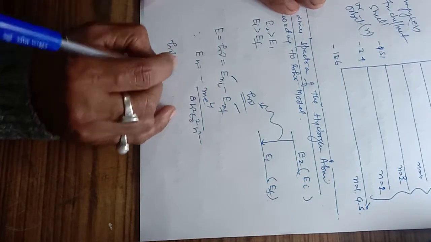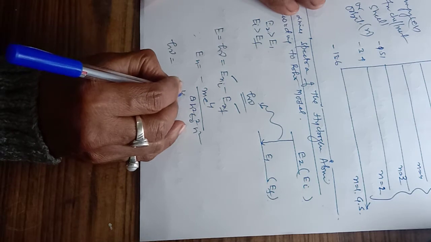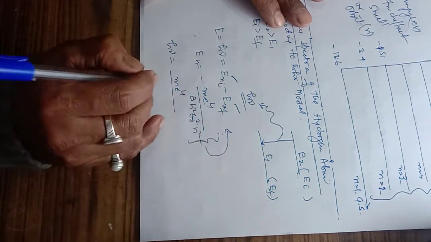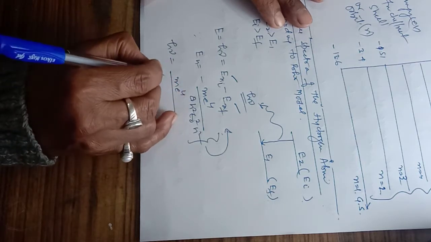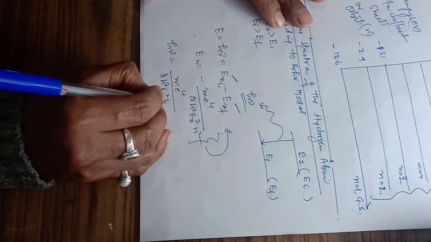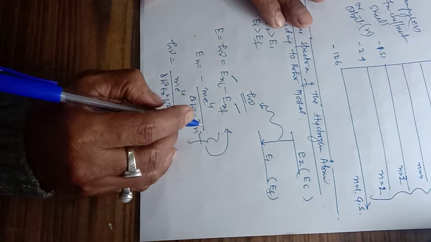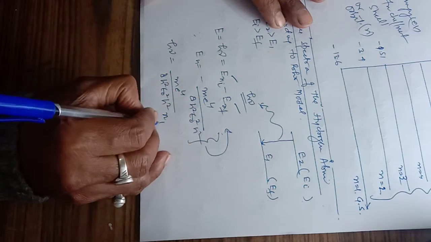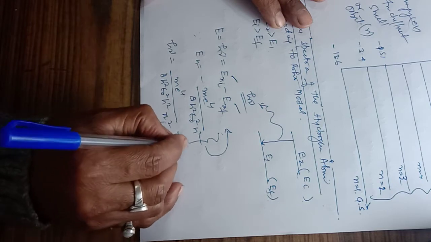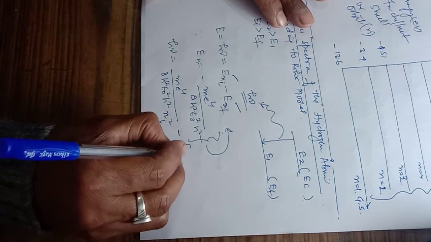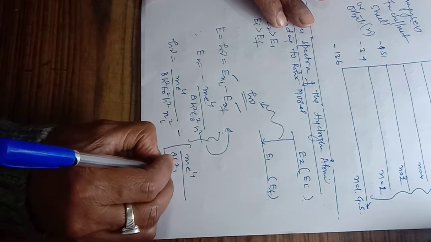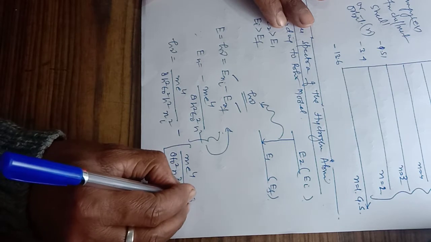So h nu is equal to me to the power 4 upon 8 h square epsilon 0 square times 1 upon ni square, minus me to the power 4 upon 8 epsilon 0 square nf square h square.